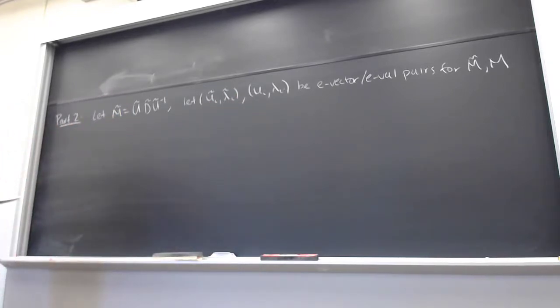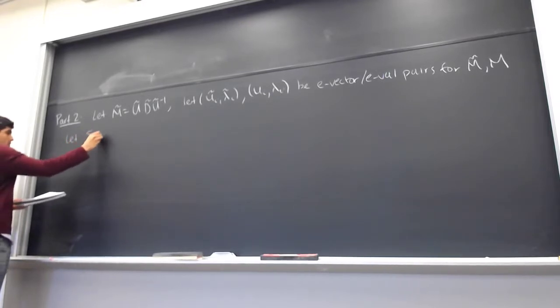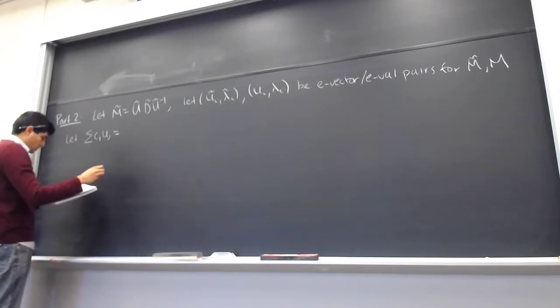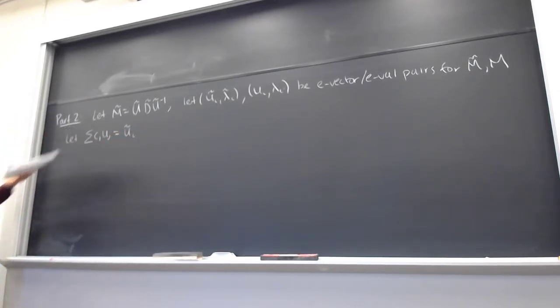There's one last trick in analyzing this. The nice trick is that it makes sense to think about representing the eigenvector for M tilde in the basis of the eigenvectors for the other.